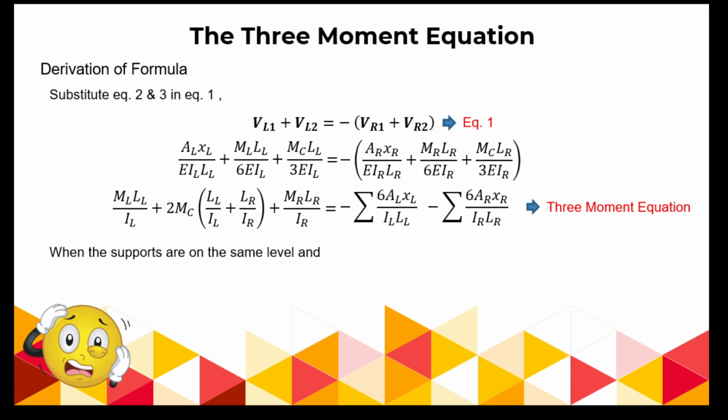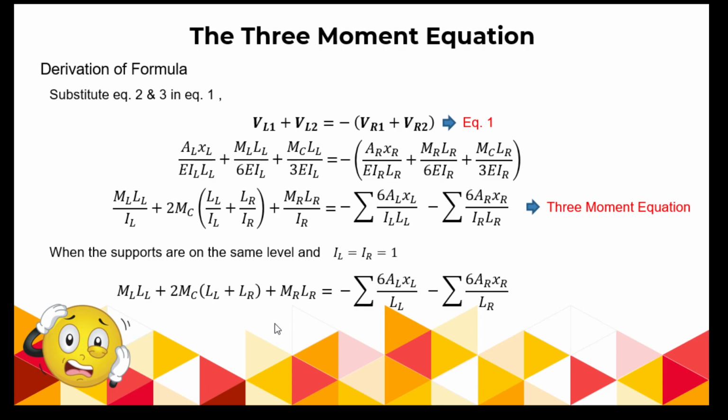If the supports are on the same level, so kung pariho kuno ang imo nga support at one level lang, then the equation for your moment would be that the moment of inertia at L here and IR here is equal to 1. We could say that our moment equation to be used is this one. Basta the same level lang ha.